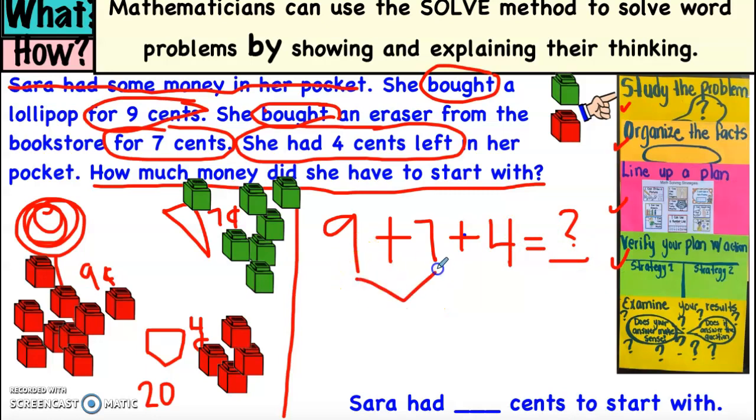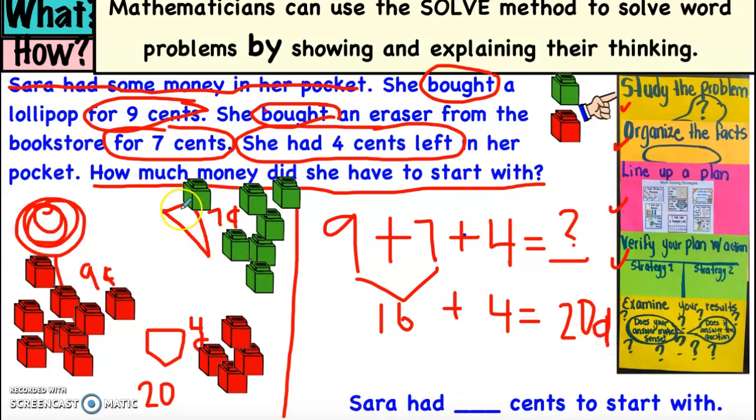So 7 plus 9, or 9 plus 7 gives us 16. 16 plus 4, 16, 17, 18, 19, 20. So she had 20 cents to start with.